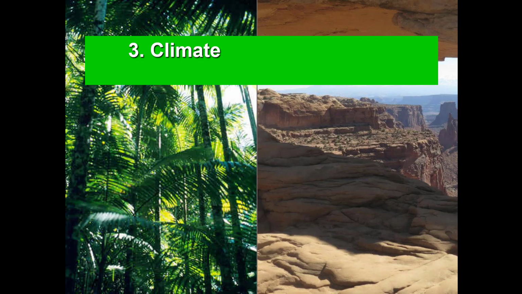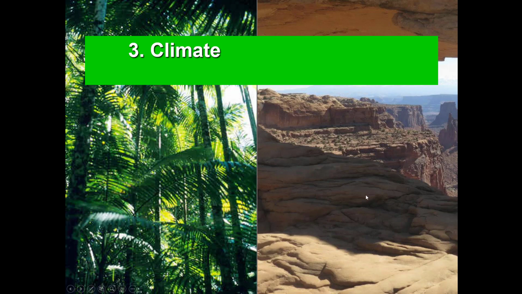So another characteristic that is going to impact how quickly things weather is the climate of an area. And so here we have two very different extremes, right? On the left, you have a climate that is much wetter, just generally wetter. And it's more of a tropical rainforest type environment.